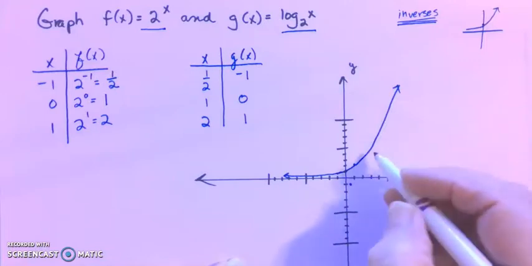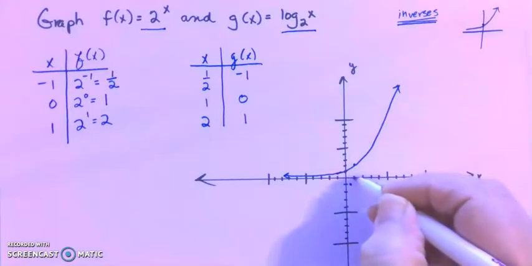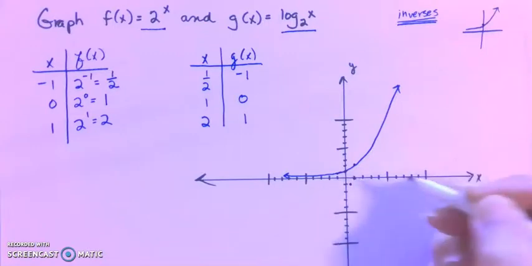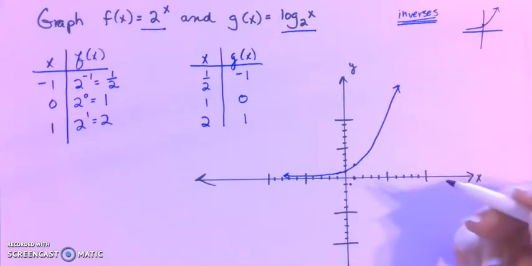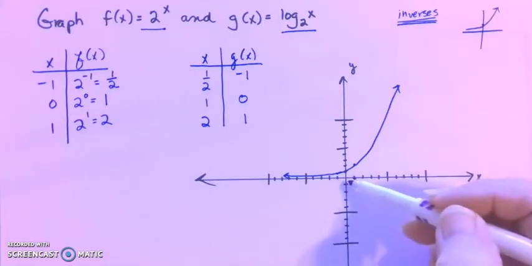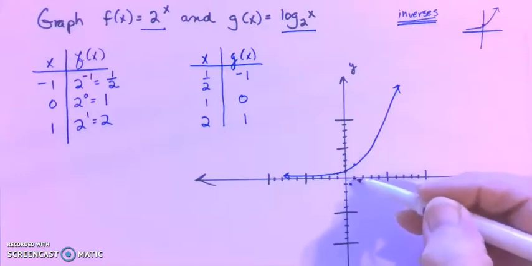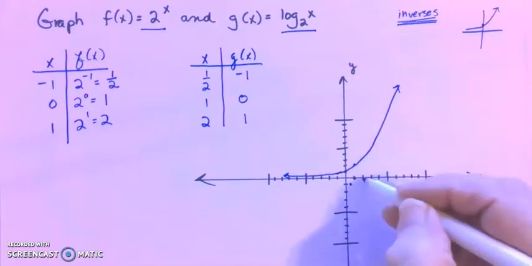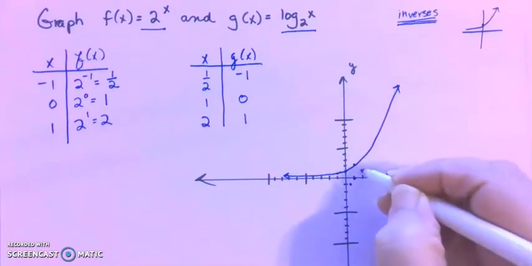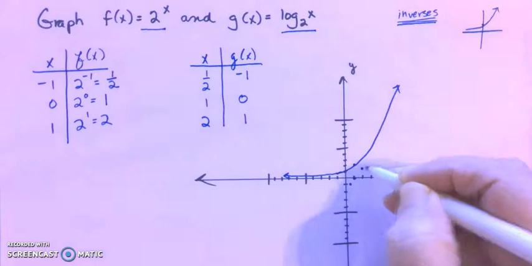When x is 1, y is 0, and we know that the exponential functions always go through the point (0, 1), and the logarithmic functions always go through the point (1, 0). And when x is 2, this is 1.